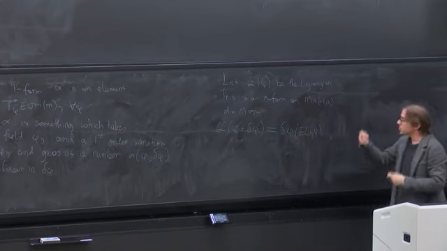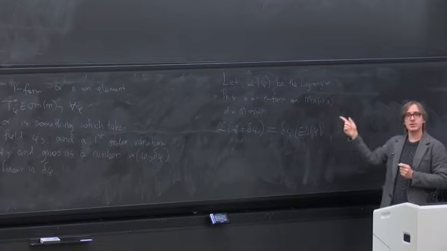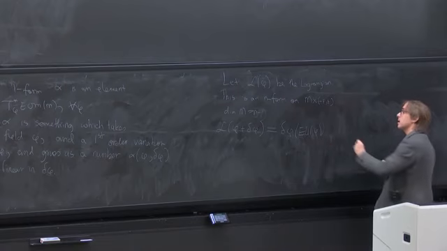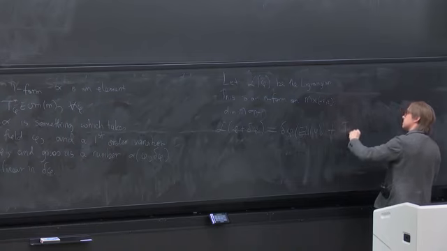But as we know, when we study the Euler-Lagrange equations, we have to move things around using integration by parts. So plus a total derivative.